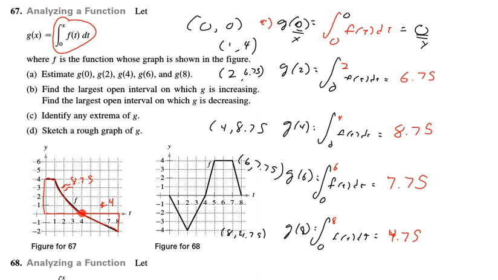Because after 4, right, we get from 0, 4, 6, 8. After 4, our graph starts to decrease because we're in the negative area now. We are shrinking the graph. 8 to 7 to 4. So we are decreasing on this area, and we've increased from 0 to 8.75 on this graph, right? So this is approximately the values of the integrals here, of the g accumulation function. We are growing our function, adding up the amount of area under this curve.